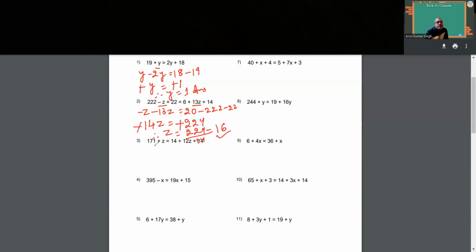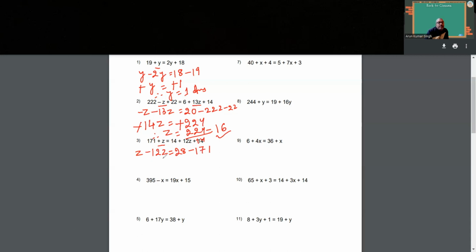So third one is 171 plus z equals 14 plus 12z plus 14. So let's see here, I'm bringing all z same side. So z minus 12z, and that will be equal to 14 plus 14 is 28, 28 minus 171.